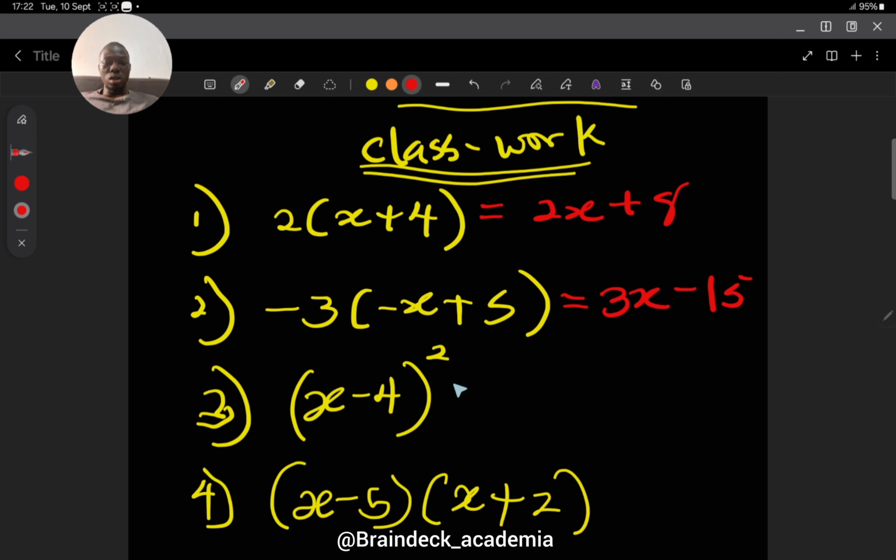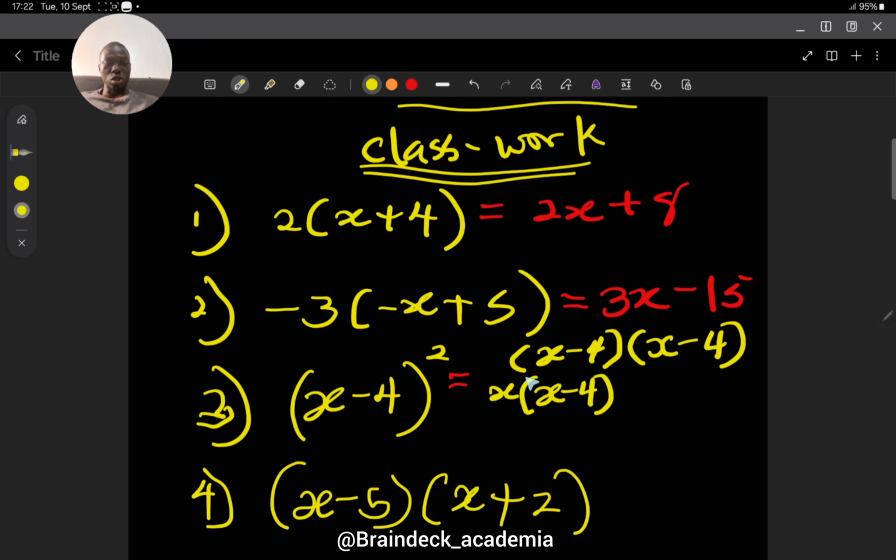Now, for the third one, what you need to do is this. Whenever you have a bracket that has a square on top, square simply means the whole thing in the bracket 2 times. So you have x minus 4 bracket x minus 4. So this will now be x bracket x minus 4, using the individual terms in the first bracket to multiply the second bracket, minus 4 bracket x minus 4.